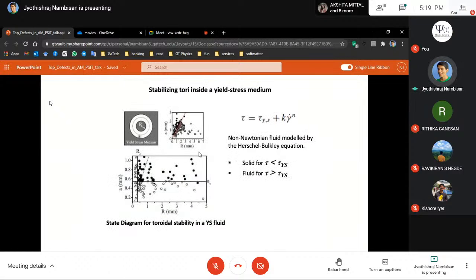So what we use is actually a yield stress medium. These are non-Newtonian fluids which can support stress. When you try to shear the fluid, they behave as a fluid. But when the force or the strain that you put is less than this threshold, it behaves as an elastic solid.